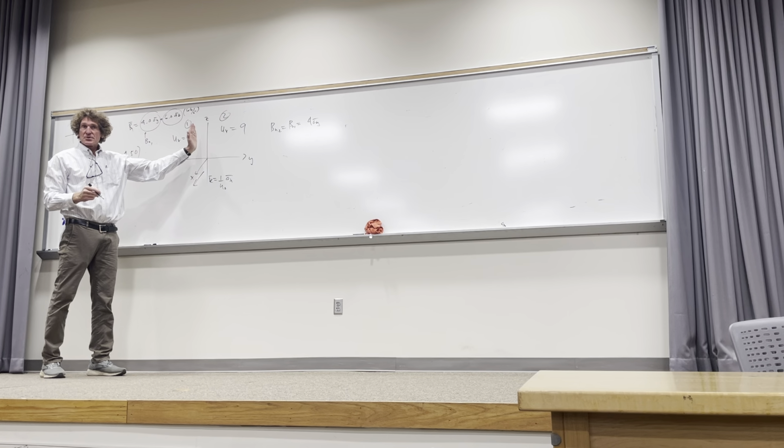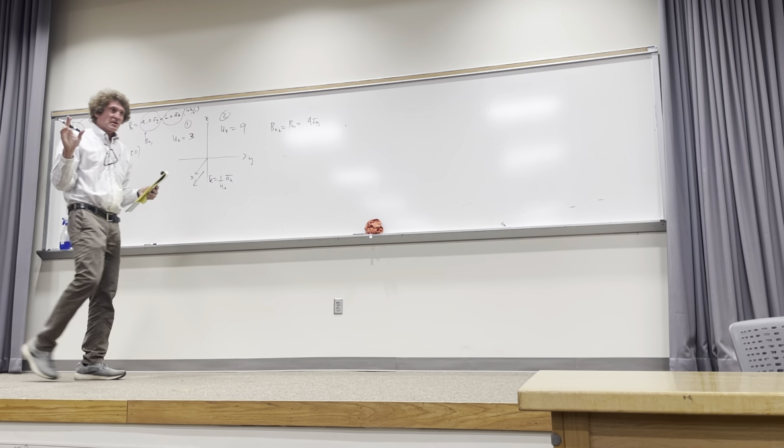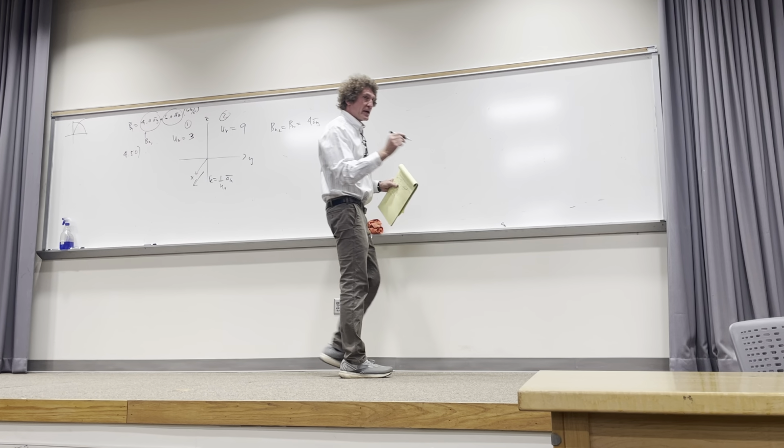So now you can do this a couple of different ways. I don't know if I put this exact expression down last time, but this is the one in his book.